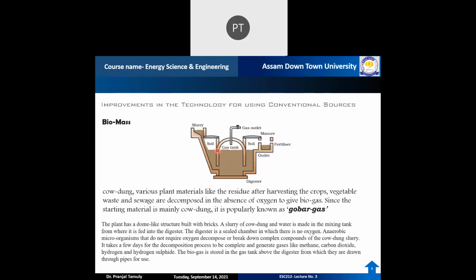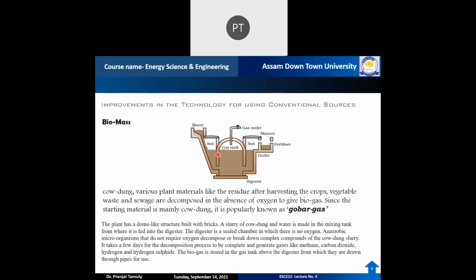In the digester, different kinds of anaerobic microorganisms decompose the cow dung or various plant materials to release different kinds of gases. These gases contain methane, carbon dioxide, hydrogen, and hydrogen sulfide.